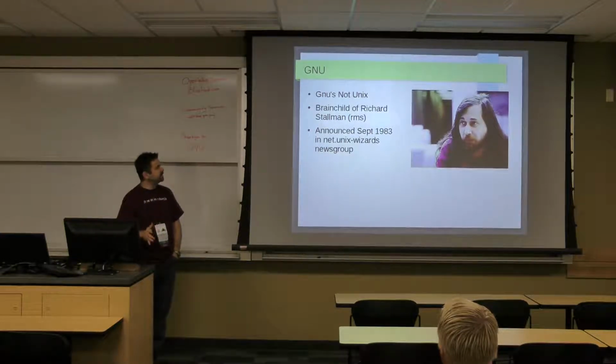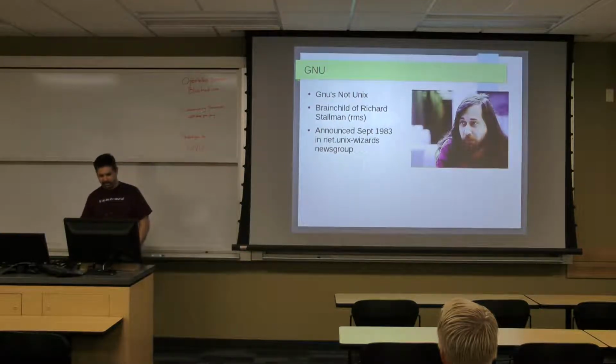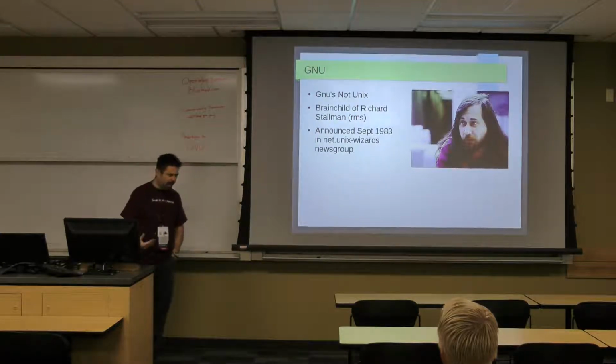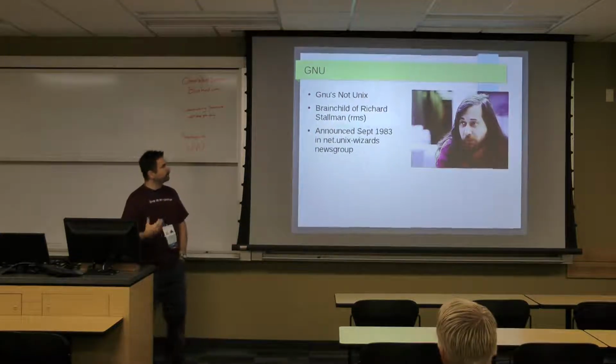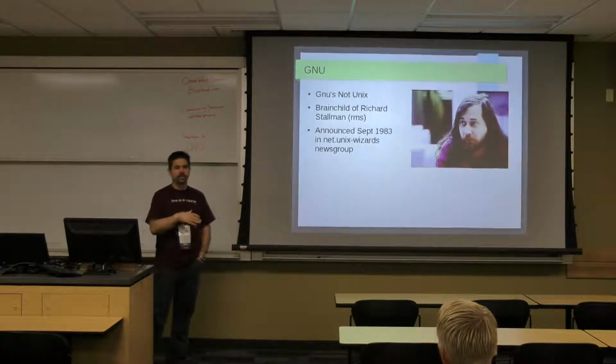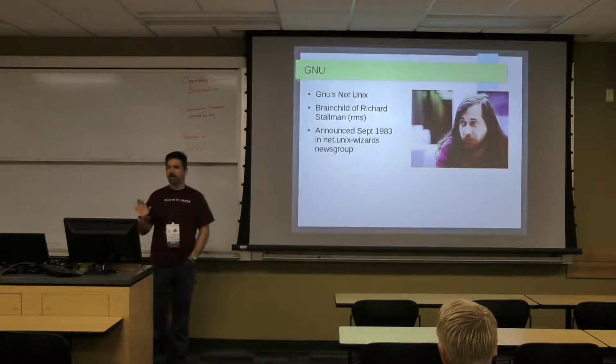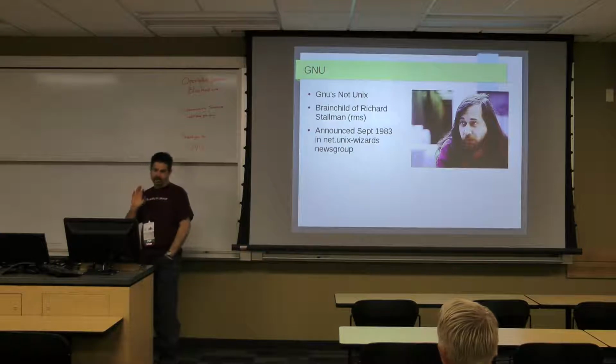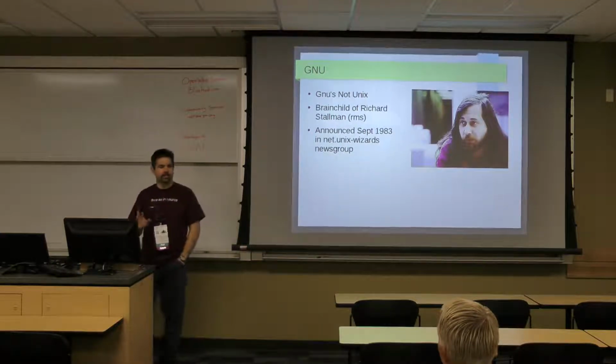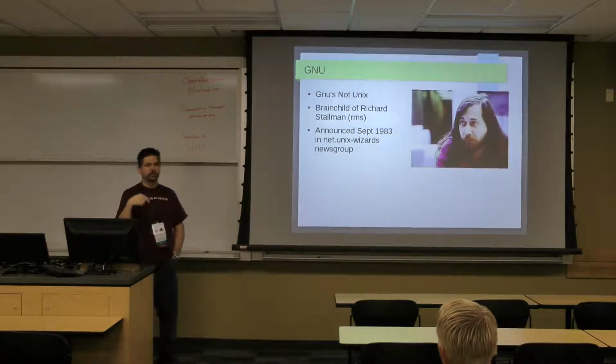By about 1983, he had this idea that he could write a version of Unix that was completely free of copyright, completely free of anybody's claim that, we will determine what you can and can't do with this software.